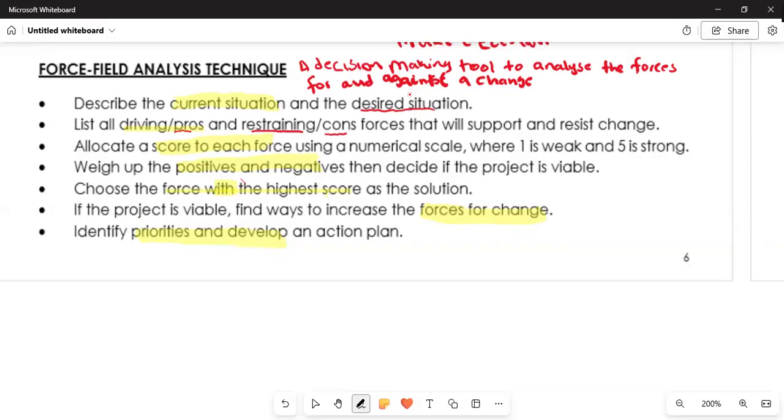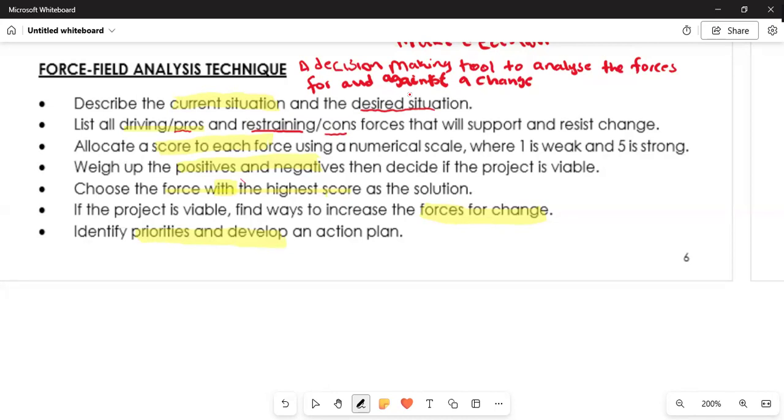That is a negative side of it. Also, the restraining forces include staff resistance to change, or need for training. Those are the negative side of the change.